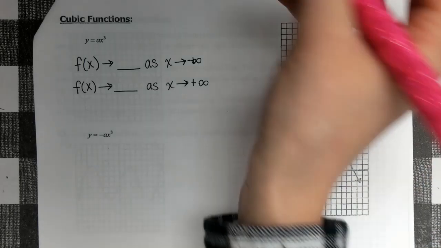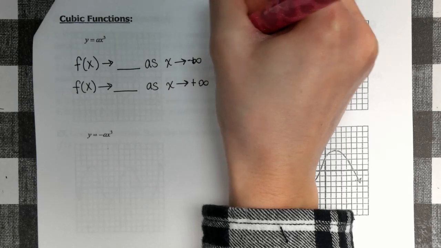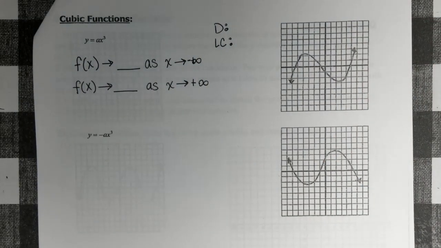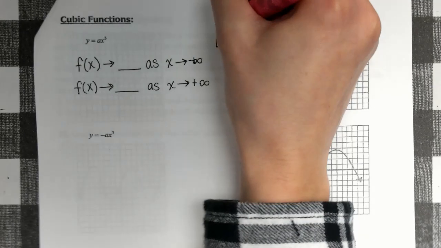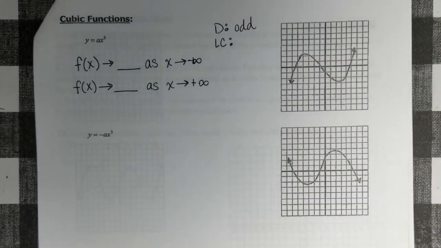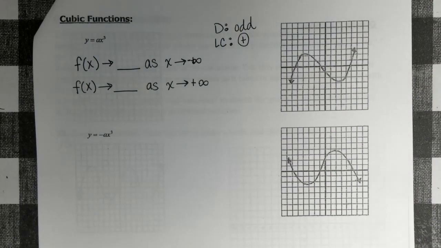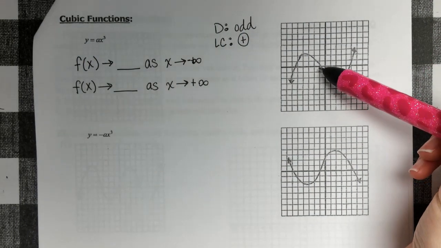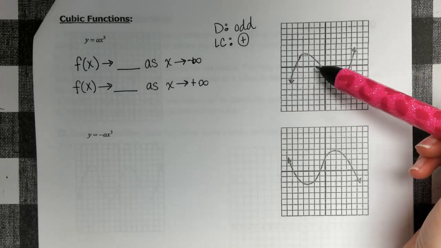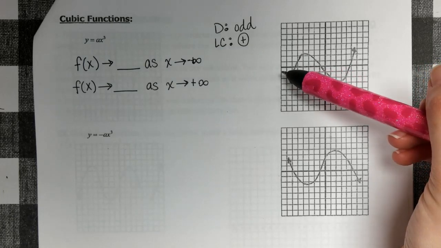Okay? Now here, what's my degree? It's 3, so it's odd. What's my leading coefficient? Positive. Okay? So if I'm looking as x approaches negative infinity on the left, where's my graph going?